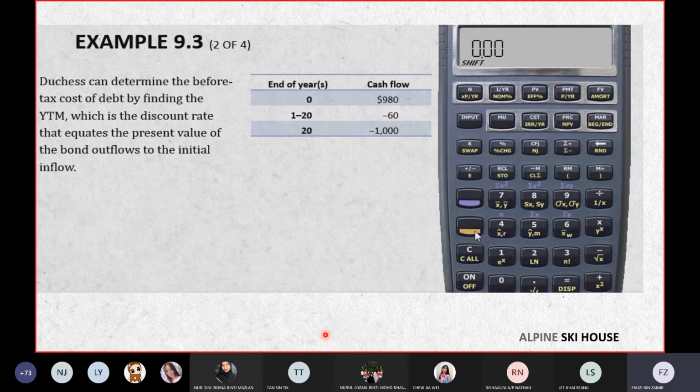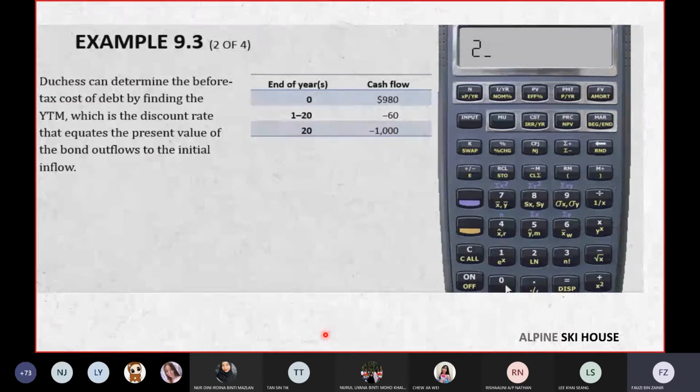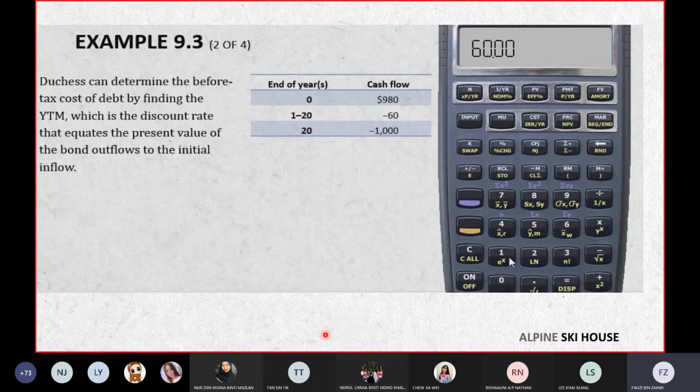So if you were to do it, first of all, we clear it, make sure it's once per year. Then we input the $980, which is the present value. We put a minus first, then 20 N, and then the payment is 60 PMT, and the par value is 1,000.